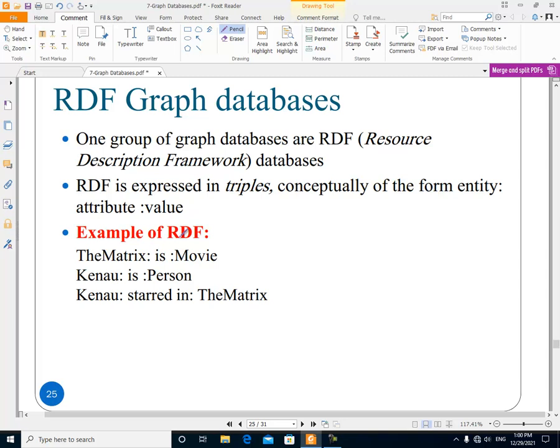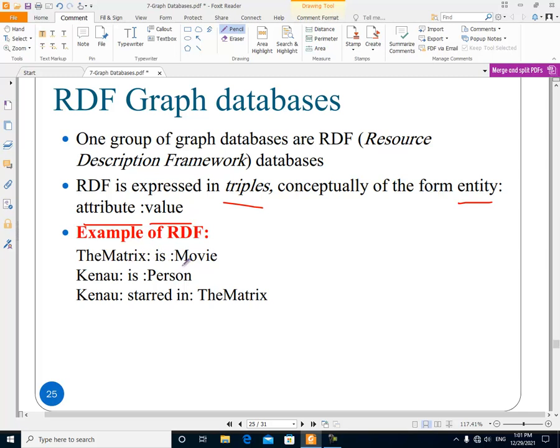RDF is a type of data which has three parts, triples: entity, attribute, value. For example, the Matrix is a movie.